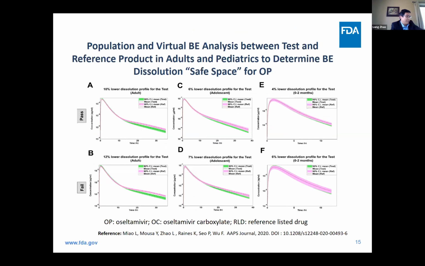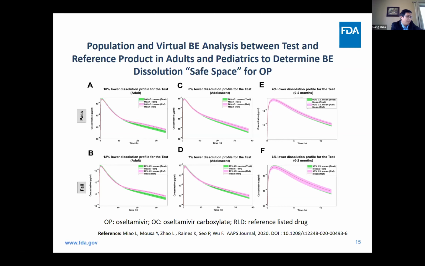The validated parent drug model was used to do the virtual BE simulations in different age populations and demonstrated that a different dissolution safe space should be set for different age groups. For example, figure A on the top left shows that in adults, to maintain bioequivalence, a test product with a 10% slower dissolution profile would maintain BE with the reference product.